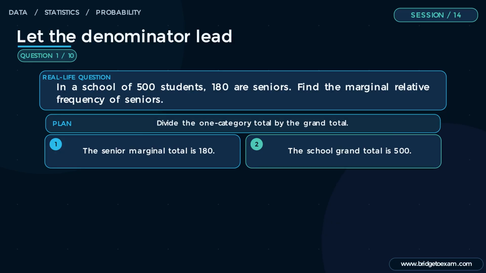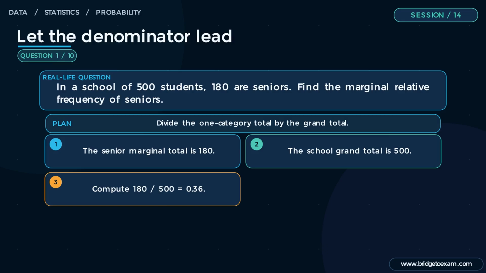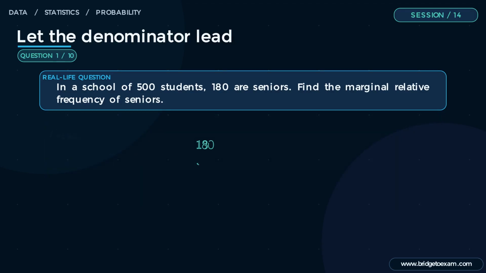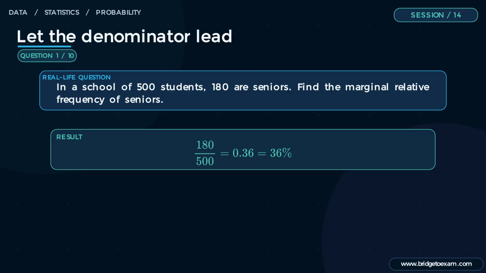Step 3. Compute 180 divided by 500 equals 0.36. Step 4. The marginal relative frequency is 36%. Quick check. 36% of 500 is 180. This matters in real life because schools use marginal shares to summarize enrollment composition.